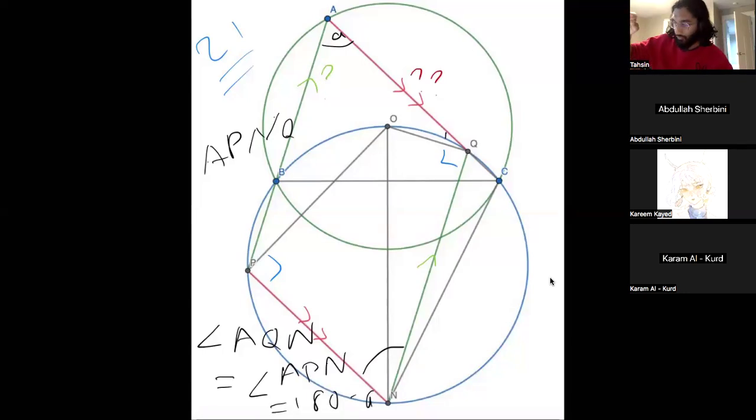If we can show that AQN and APN are both 180 minus A, then we will be done, right? Does that make sense?